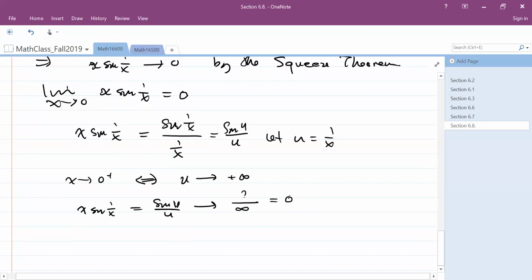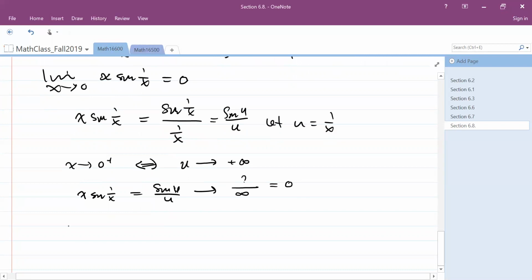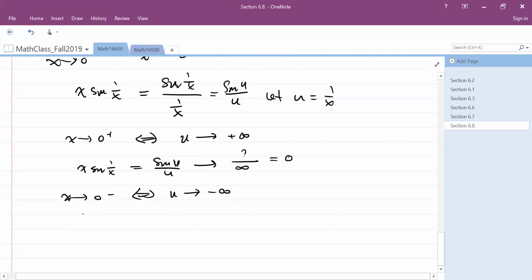Similarly, x approaches 0 from the negative side, which is equivalent to u approaching negative infinity. This is sine u over u, and the numerator is still bounded by 1, but the denominator approaches negative infinity, so the result is still 0.